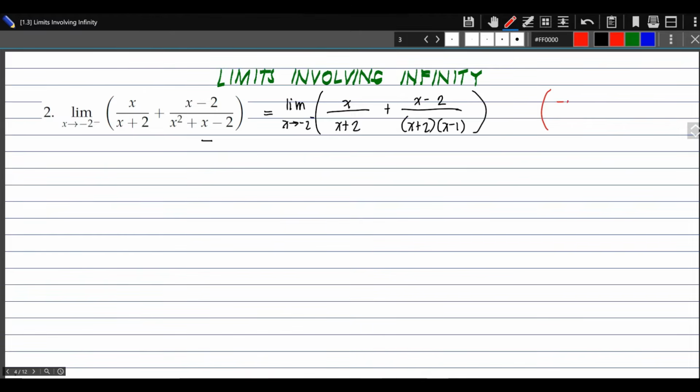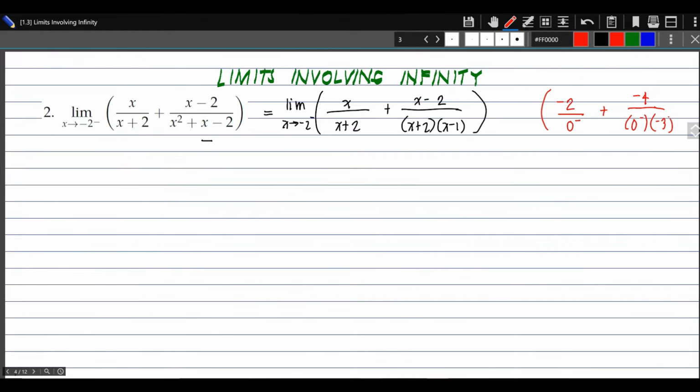For the first term, x goes to negative 2 all over a denominator that goes to 0 through negative values. And for the second term, we have negative 4 all over x plus 2 goes to 0 through negative values, and x minus 1 goes to negative 3.